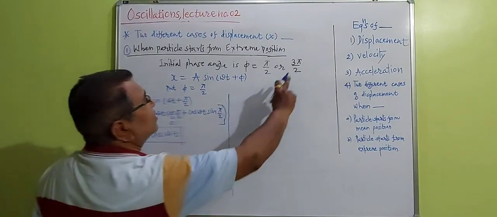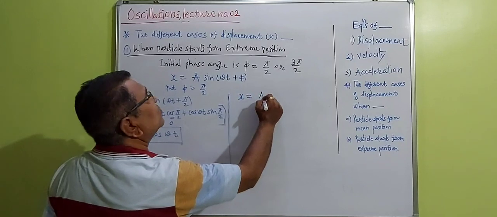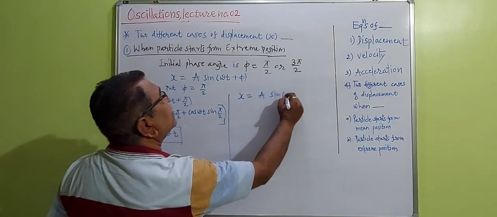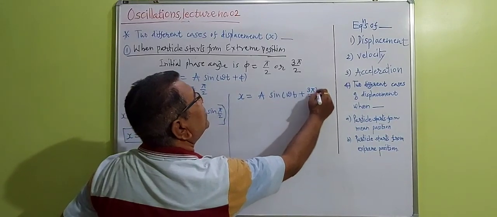Then put phi is equal to 3 pi by 2. x is equal to capital A sine of omega t plus 3 pi by 2.